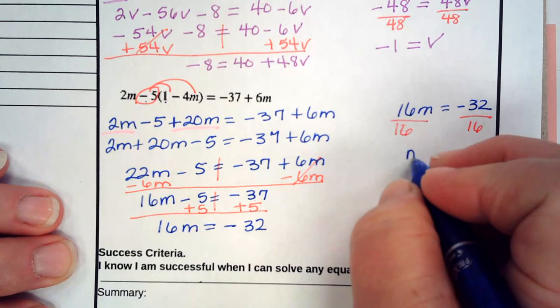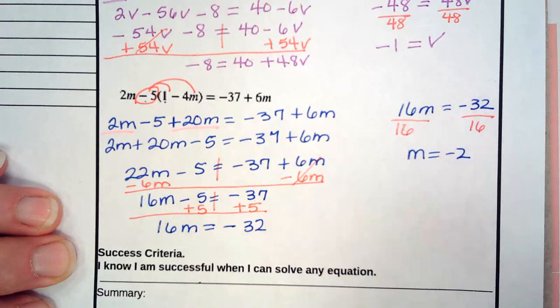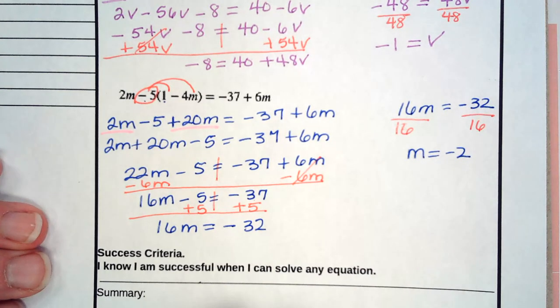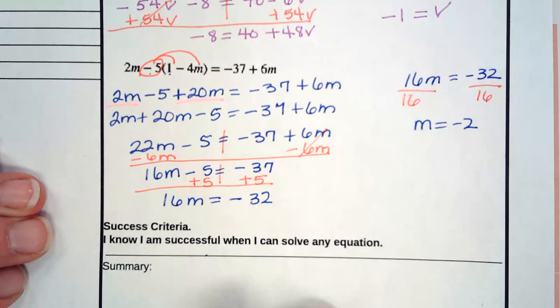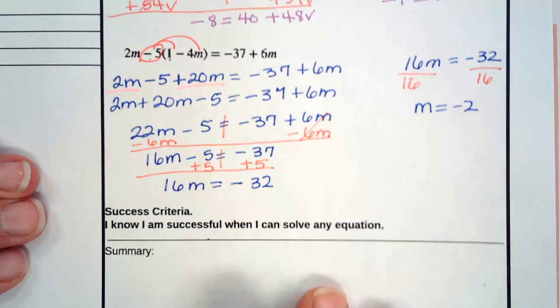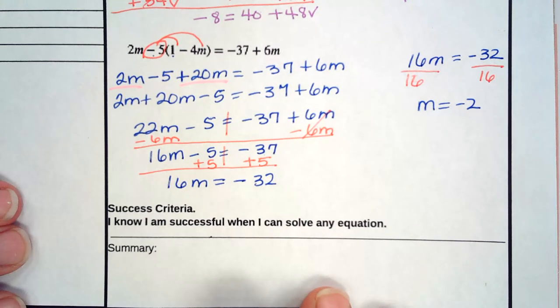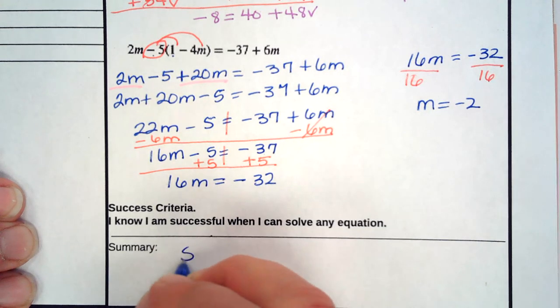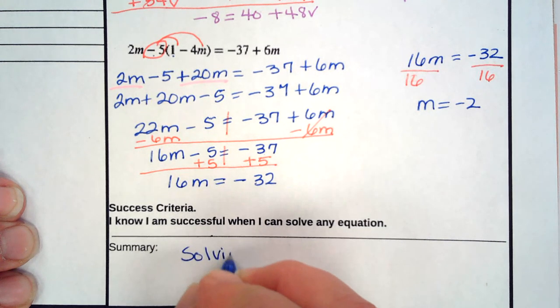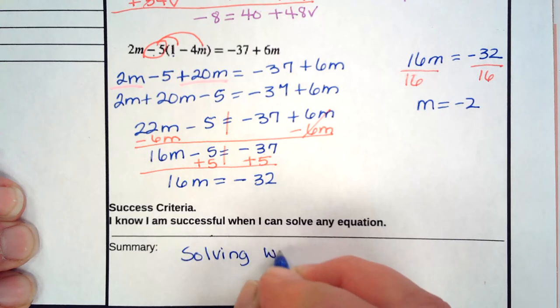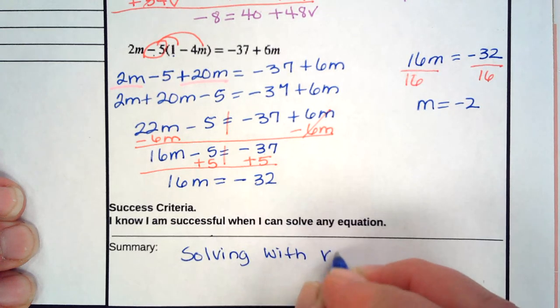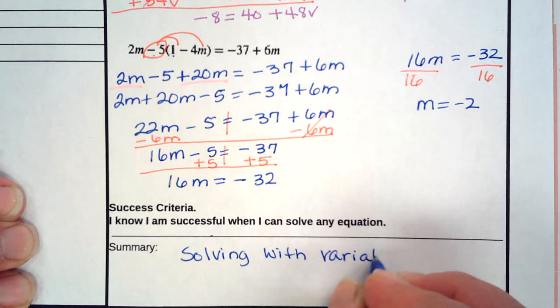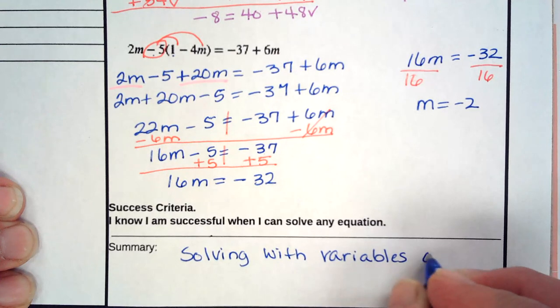Always go back and check. So how do you know when you're successful? You know you're successful when you can solve any equation, no matter what they throw at you. So this is solving with variables on both sides.